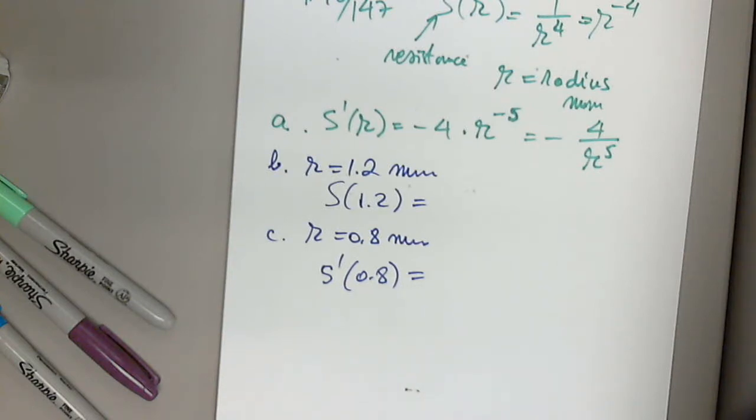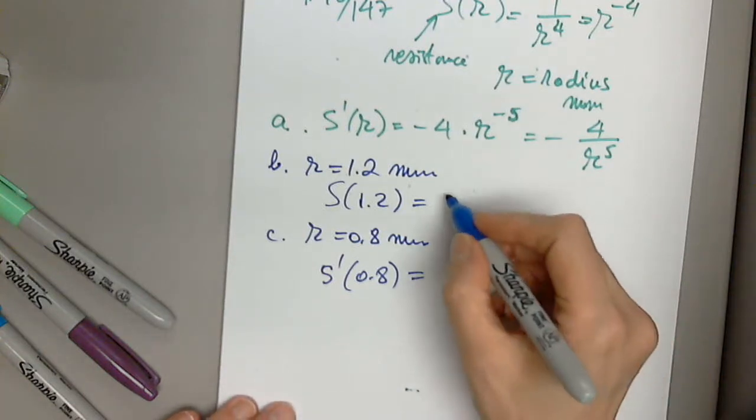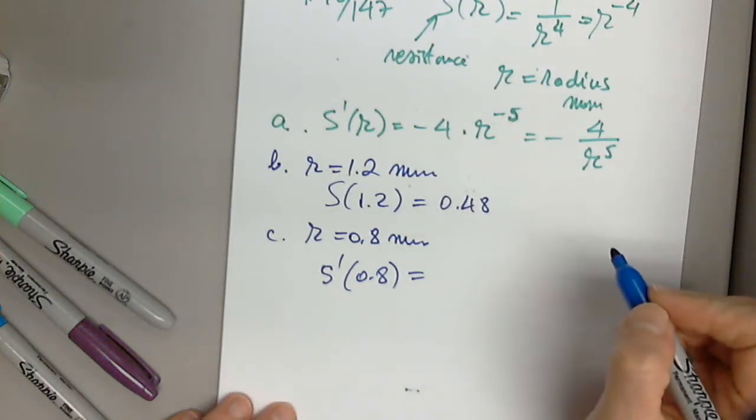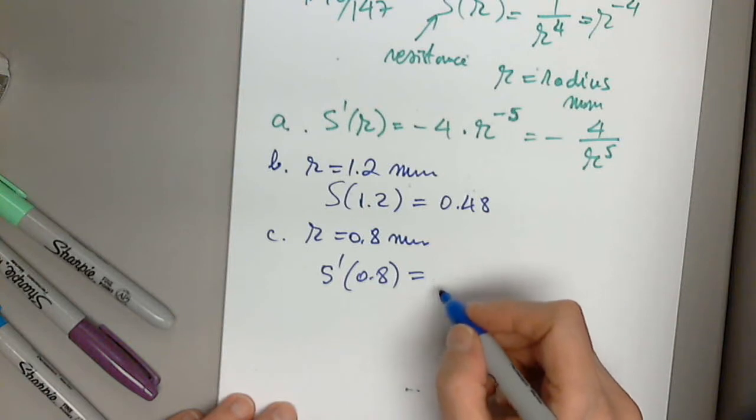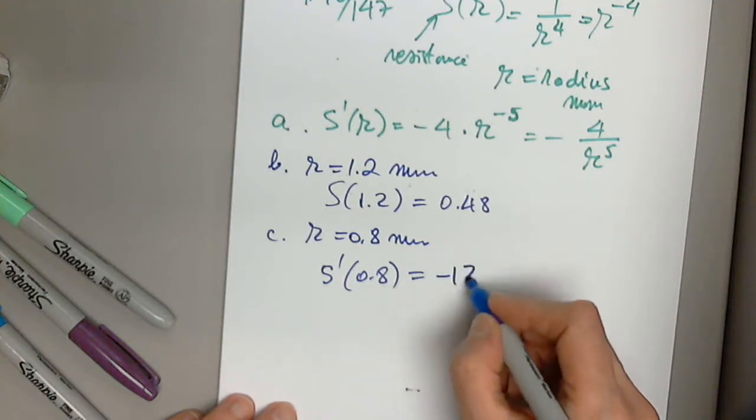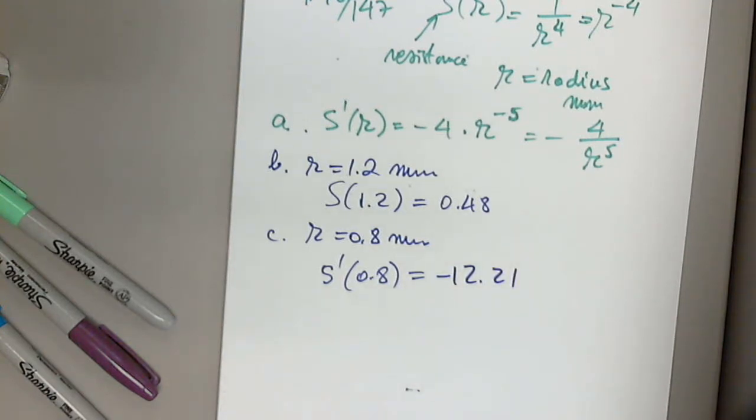So for 1.2, I will read 0.48. For 0.8, I will read negative 12.21. And measurement unit. So 0.48. And they don't say how many decimal digits, so negative 12.21. And now we have to write the measurement unit. So the resistance was to blood flow.